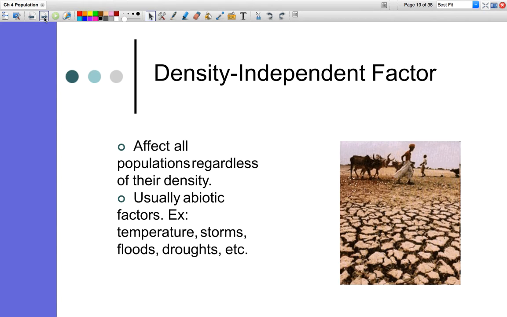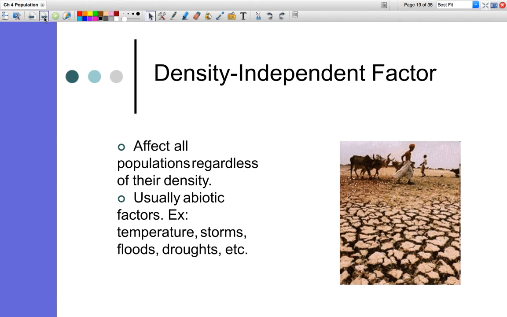Moving right along, density-independent factors are usually abiotic factors. So temperature, storms, floods, droughts, these all affect the population of a species regardless of how many individuals exist in that species. They're going to happen whether we like it or not.